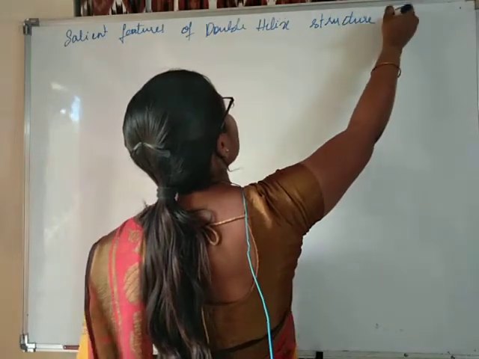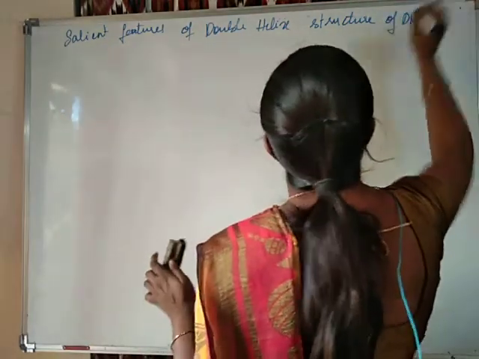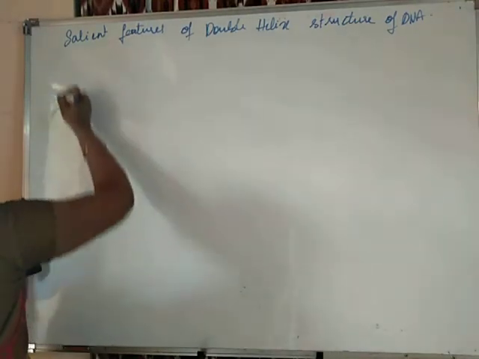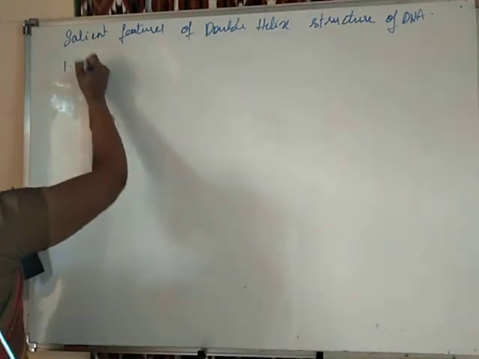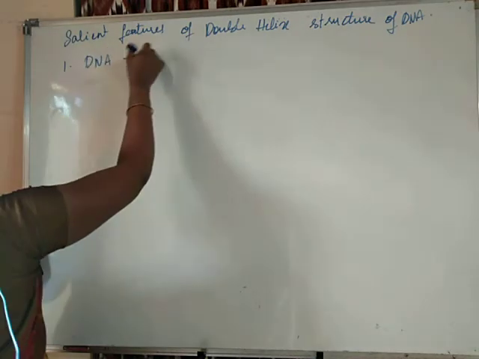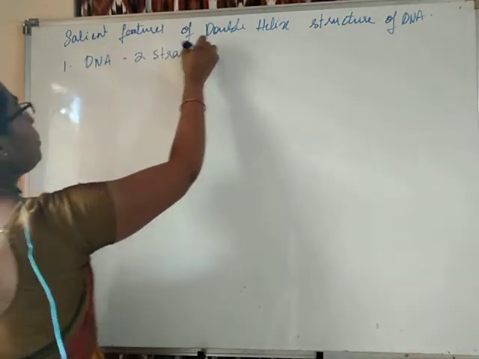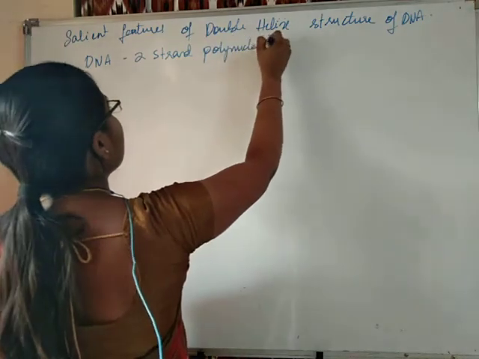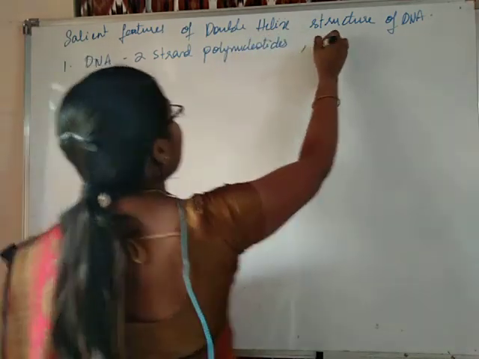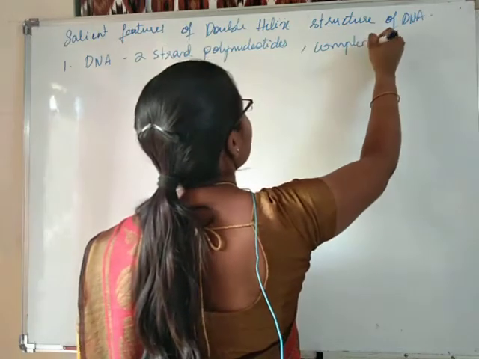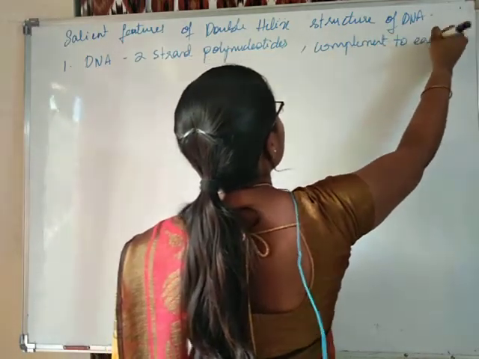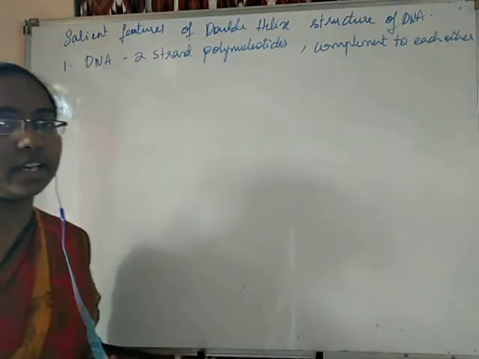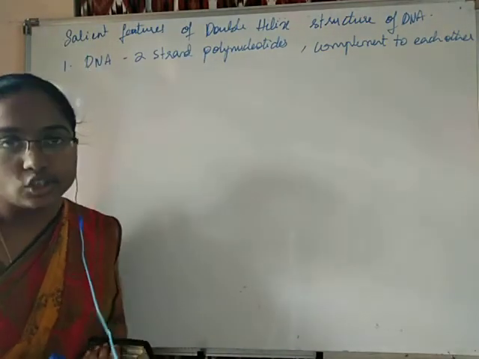The first thing is that DNA consists of two strands of polynucleotides which are complementary to each other.